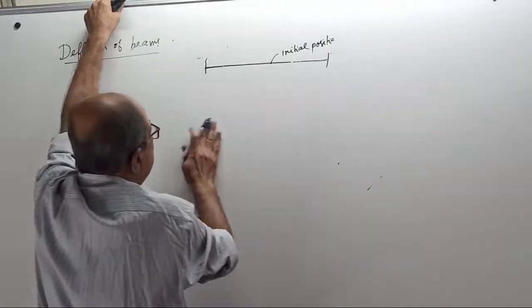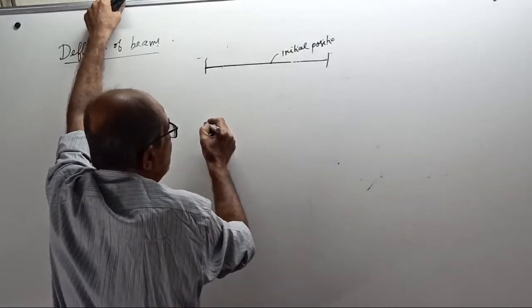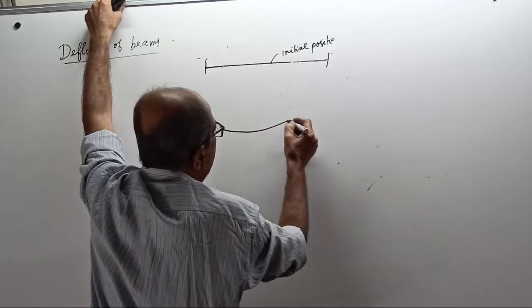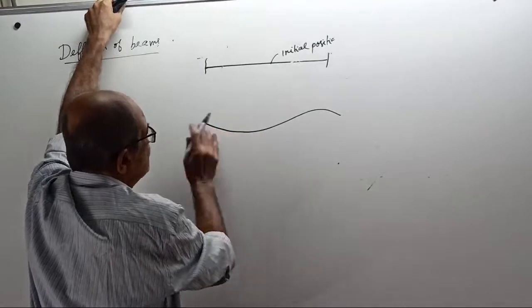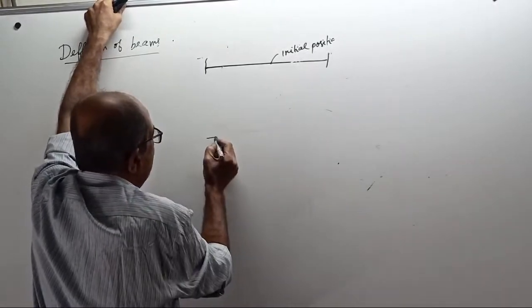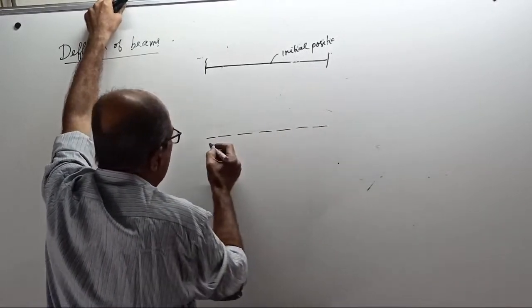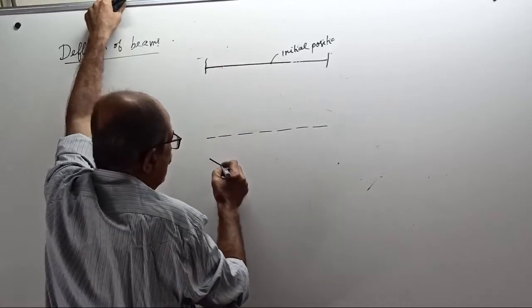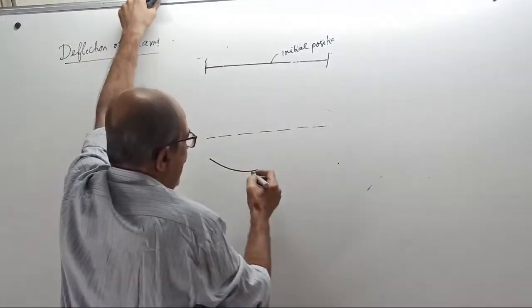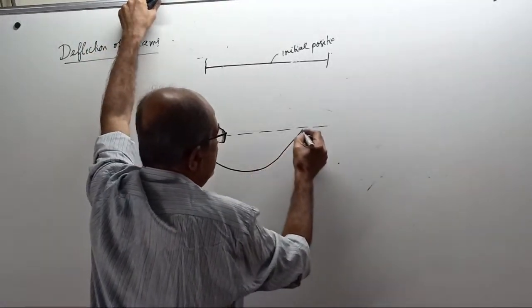How? It can deform any way. Randomly I will put it here. It comes this way, or imagine it goes this way. No problem. With respect to the original line, I will put the initial position here. Even this point is not a support. It can come down this way, and it goes this way.